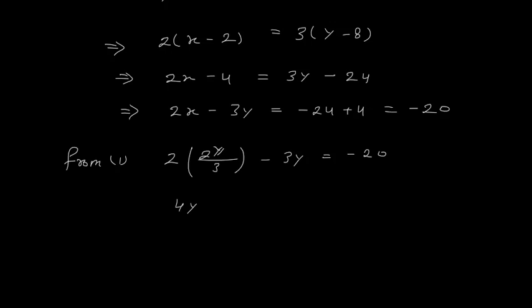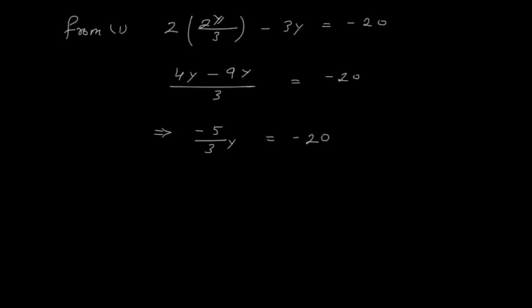So 4y minus 3 times 3 is 9y, whole divided by 3 equal to minus 20. So this implies 4 minus 9 is minus 5. So minus 5y divided by 3 is equal to minus 20. This implies y equal to minus 20 into 3 divided by minus 5. So the minus signs cancel, 5 fours are 20, so this is 4 into 3. 4 threes are 12. So the value of y is 12.